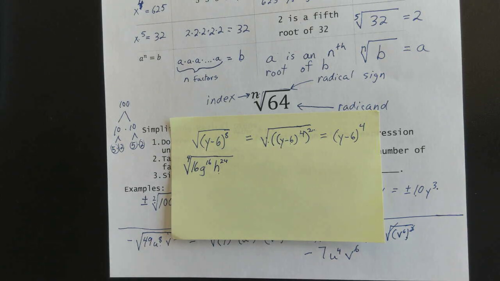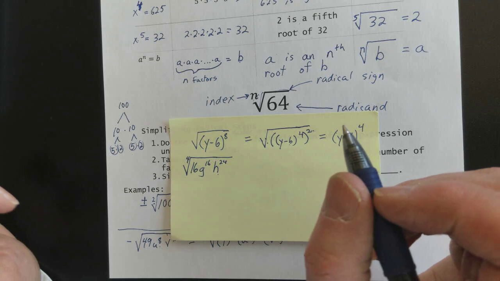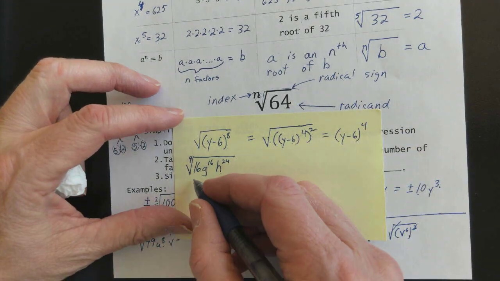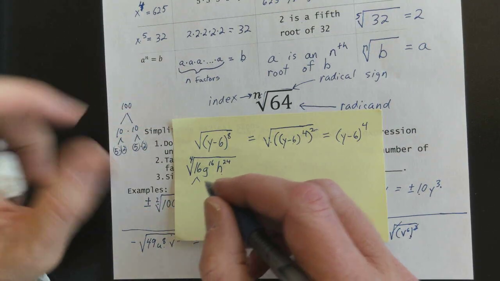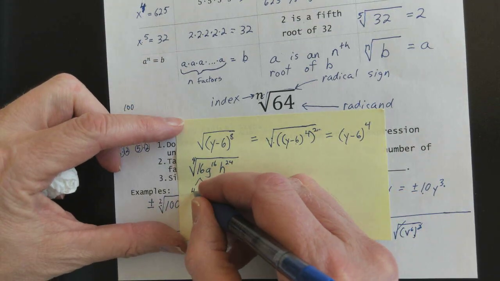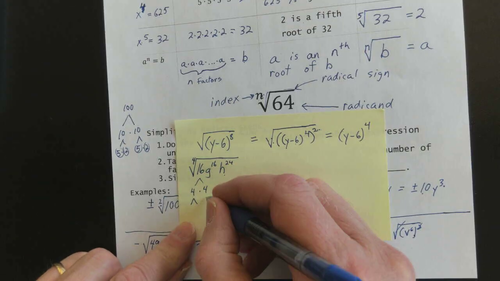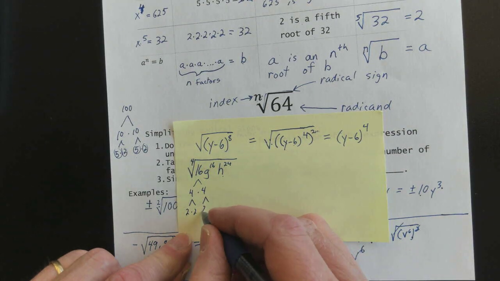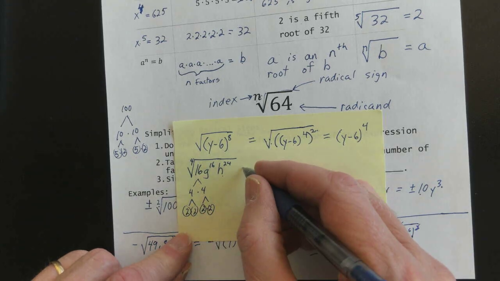But I need powers of 4 here. First of all, let's break 16 up a little bit. What times what's 16? 4 times 4 is 16. And those are so that's 2 to the 4th power.